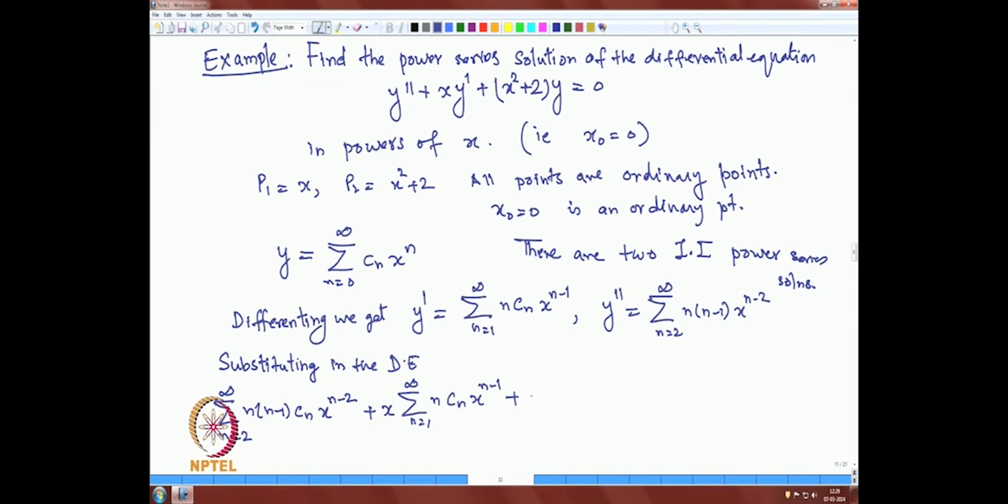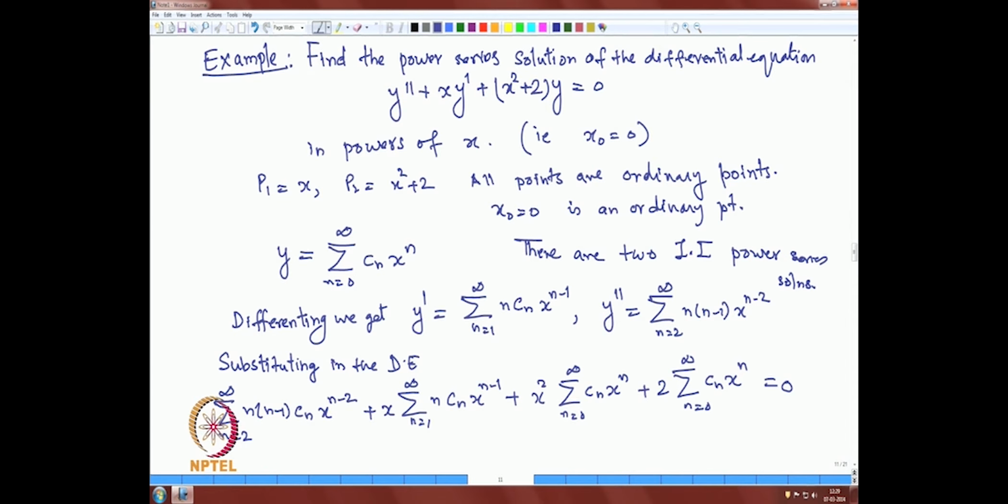Now, the third term is a sum of two terms, x square plus 2. I take x square into y, summation Cn x to the power n, n goes from 0 to infinity, plus constant term 2 into summation n goes from 0 to infinity Cn x to the power n, which is equal to 0.